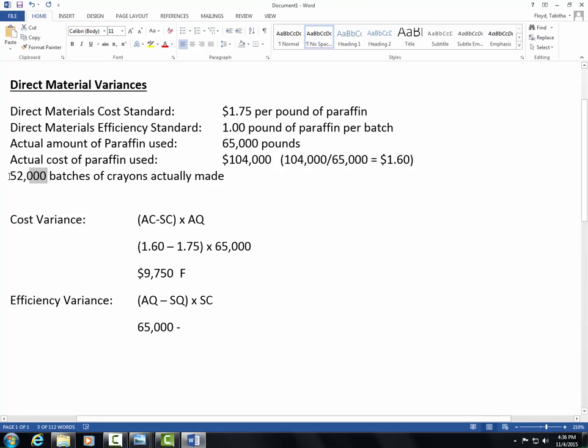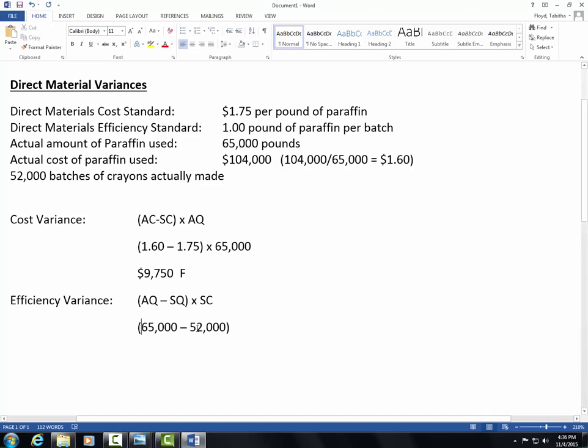We made 52,000 batches, so our standard for the amount that we actually made is 52,000. Your standard quantity has to be adjusted for how many units you actually made. So it was 1 pound per batch, and we made 52,000 batches of crayons.